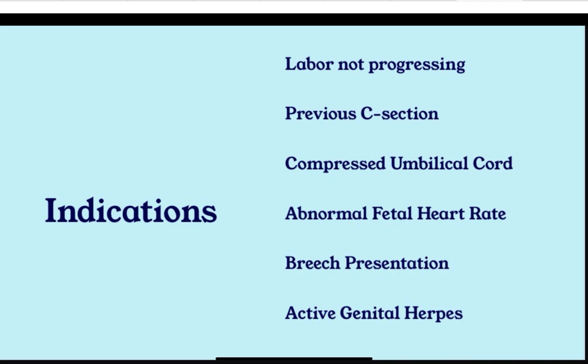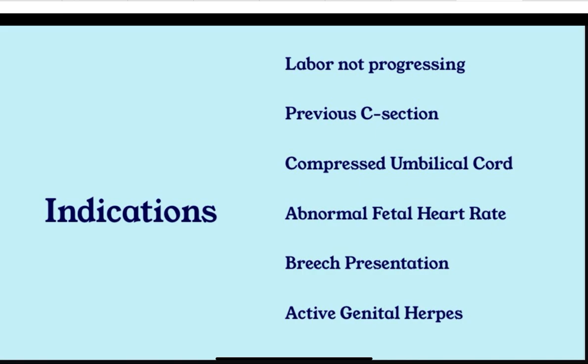Has to dilate too. History of previous C-section. So a lot of time when people have C-sections, they end up having some scar tissue on the uterus. So this can actually rupture during your next labor. So that is one of the concerns that you and your physician may have, although VBACs are possible.